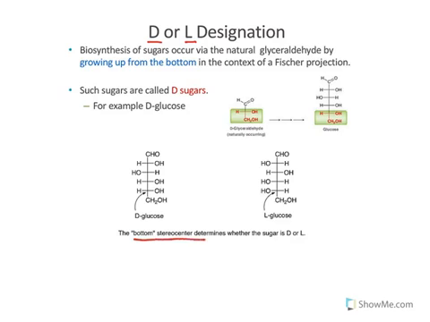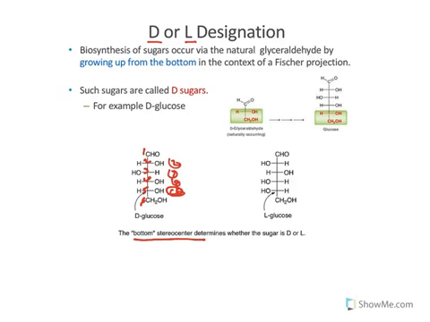So the bottom stereocenter, in this case, we have 1, 2, 3, 4, 5, and 6. Only carbon number 2, 3, 4, and 5 have stereocenters because they have different substituents on the carbon. So the bottom stereocenter is the carbon number 5.